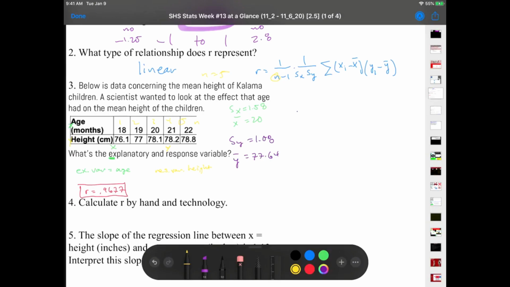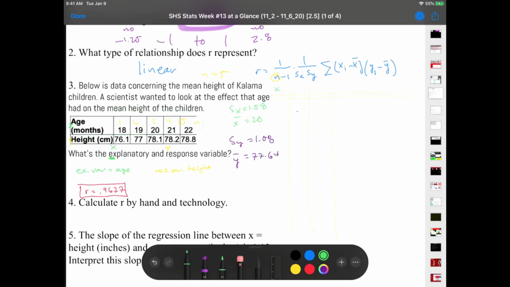Okay, so then I like to create a chart. Show you my chart. Okay, so I want the age, so I'm just going to write, this is my first list.